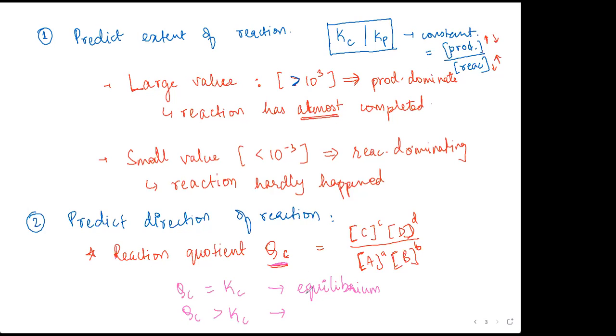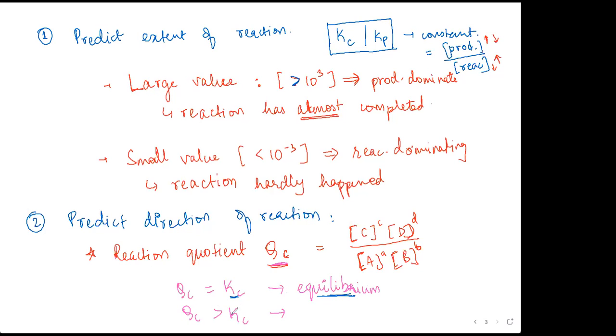QC is similar to Kc in that the formula for both is the same, but Kc specifically is when the reaction is in equilibrium. That is why if QC is equal to Kc, the concentrations of products and reactants are the equilibrium concentrations, and that's why you can say the reaction is at equilibrium.